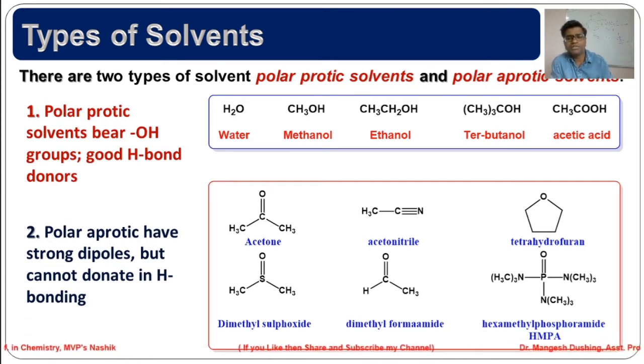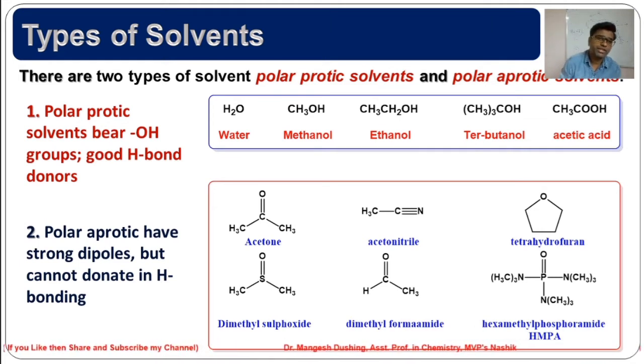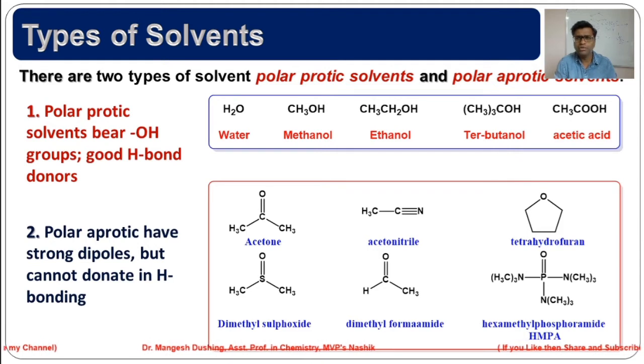All these compounds are polar, having strong dipoles, but they don't have exchangeable protons and do not form hydrogen bonding. So these are the two types of solvents: polar protic and polar aprotic.